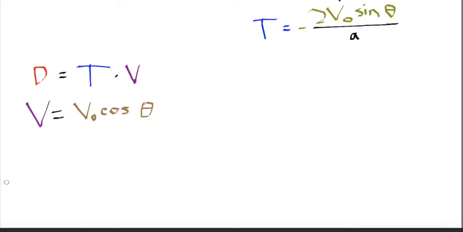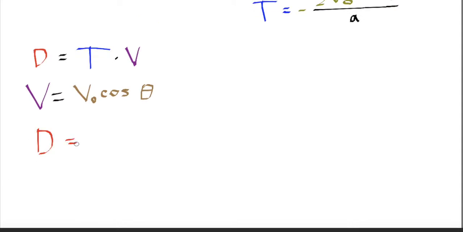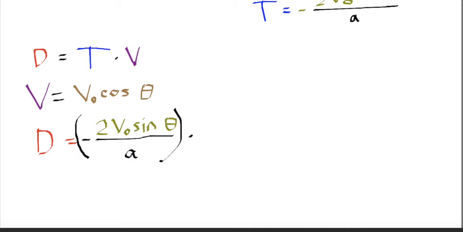Therefore, the distance is equal to negative 2 v naught sine theta divided by a, times v naught cosine theta.